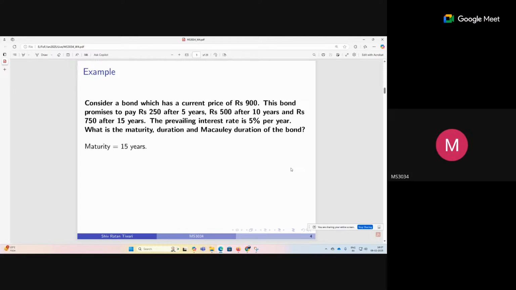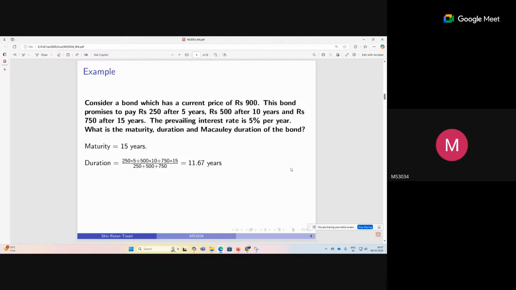The calculation of maturity is very simple. This bond is paying until the last payment on the 15th year. So maturity is 15 years. Now to calculate duration, the numerator will be the weighted sum of all the time periods.